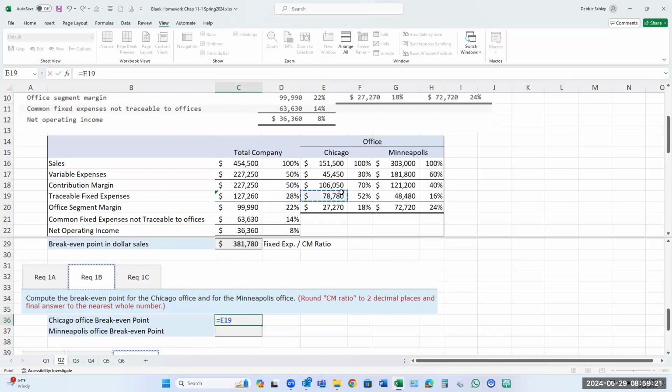So we just take into account the traceable fixed and divide that by the contribution margin ratio for the Chicago office. And then the same with Minneapolis, we'll take the traceable fixed to Minneapolis divided by the contribution margin ratio for Minneapolis. And that gets us to the break-even point in dollars for those individual offices.